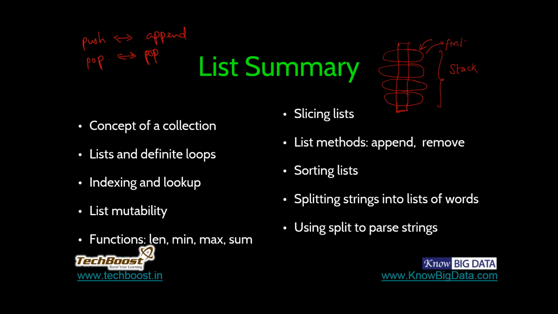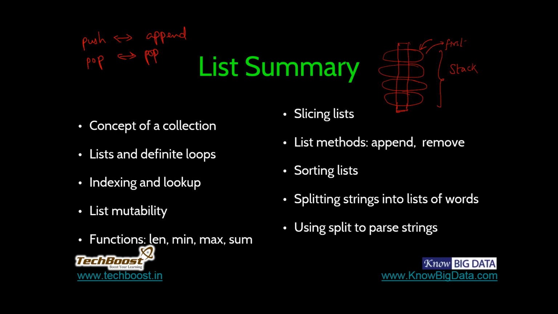Okay, so let's recap what all we discussed today. We discussed a generic idea of a collection. We discussed definite looping on the lists, the indexing and the lookup using indexing, and list mutability. We tried to change the items in the list using the indexes.